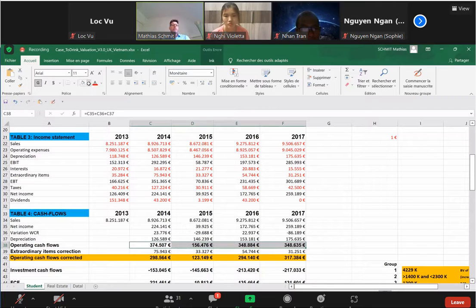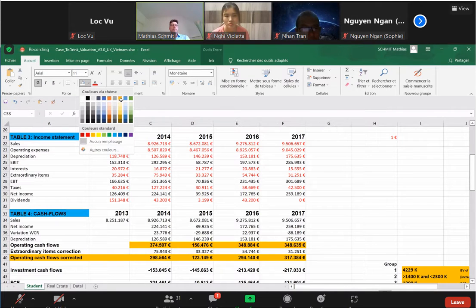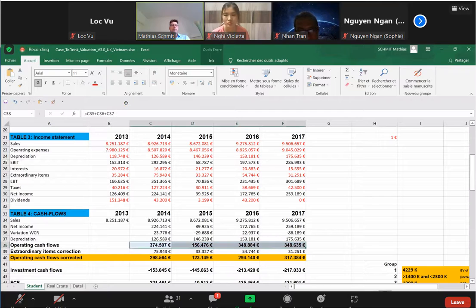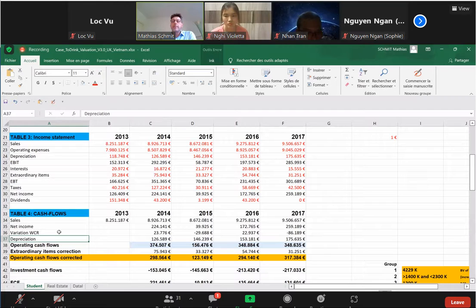How did I calculate it? It is the net income minus the variation of the working capital requirement plus the depreciation. And I got the operating cash flows.